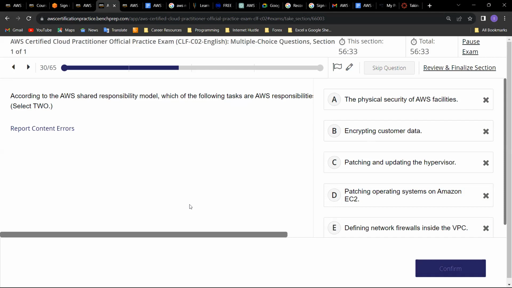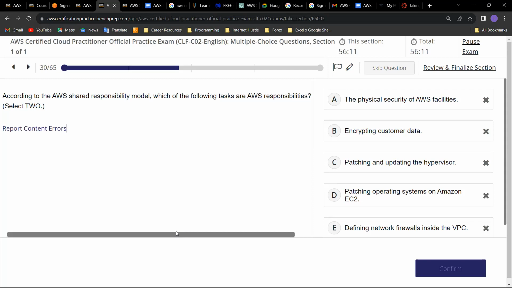According to the AWS shared responsibility model, which of the following tasks are AWS responsibilities? Select 2. Okay.